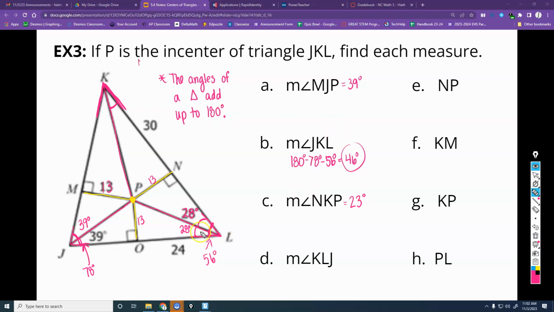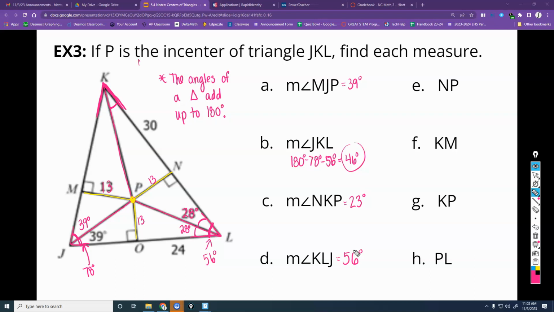And then the last one, KLJ, is this whole angle here, and really, Drew already told us when we were finding the one before that it should be 56. Yes, what we're doing today is all going to be triangles. Okay, questions on the angle stuff so far?